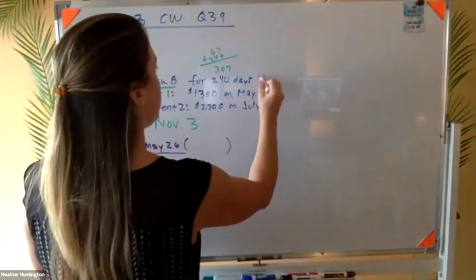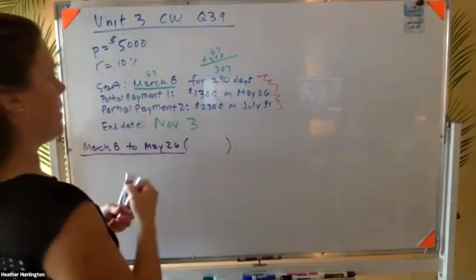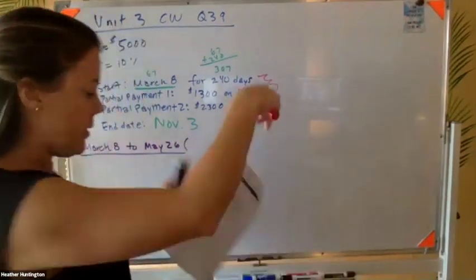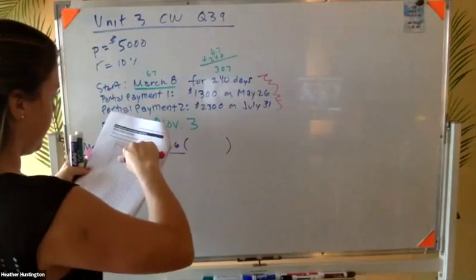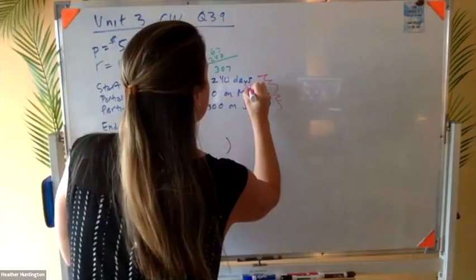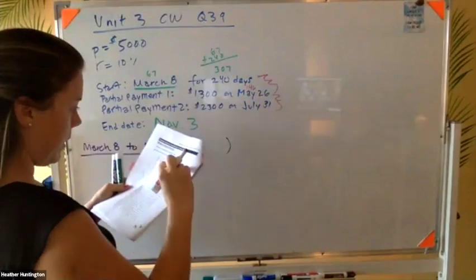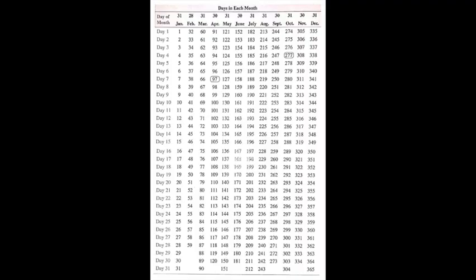So between March 8th and May 26th: May 26th is the 146th day of the year. I'm also going to look up July 31st at the same time. I see that as 212.